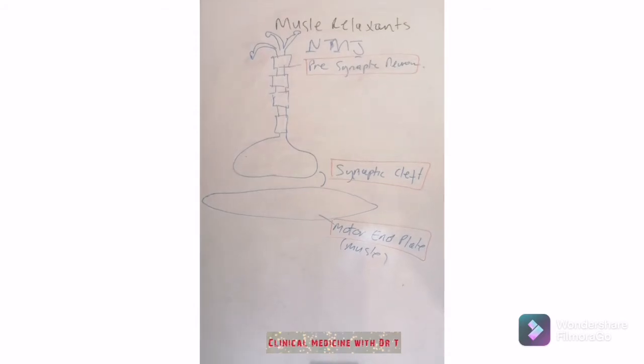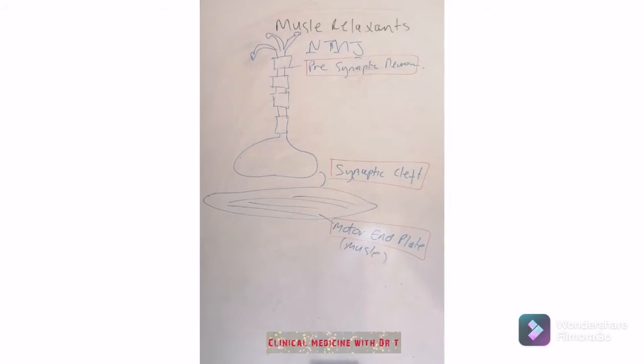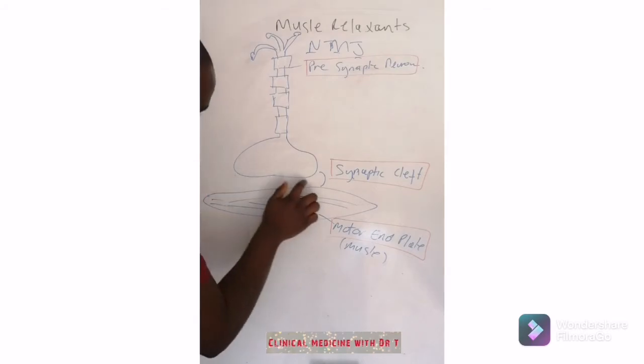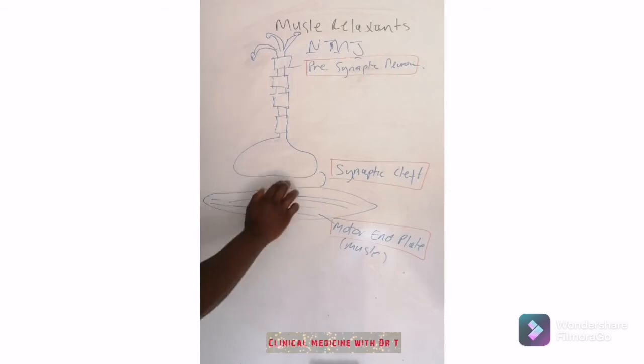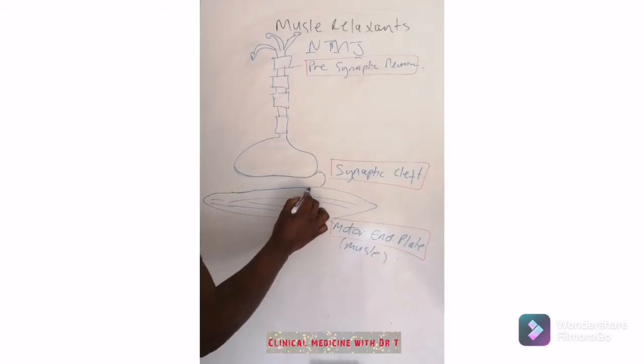Now, we all know that in order for this muscle to contract, it must receive an action potential from the presynaptic neuron. Remember, there's a gap here. The end bulb of this presynaptic neuron is not attached to this part of the muscle.